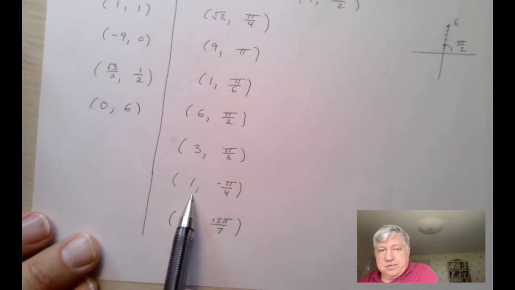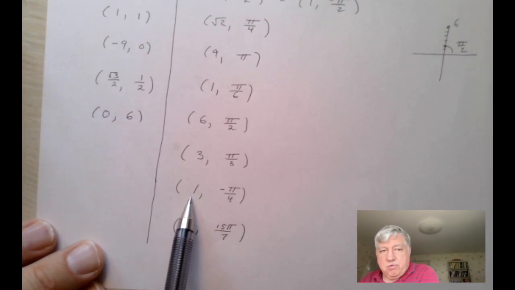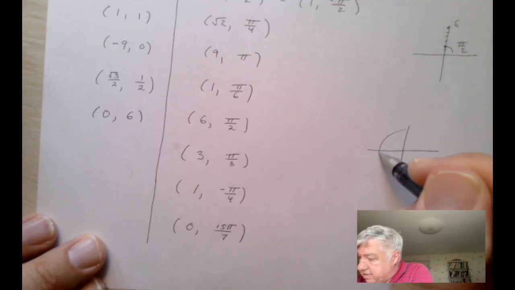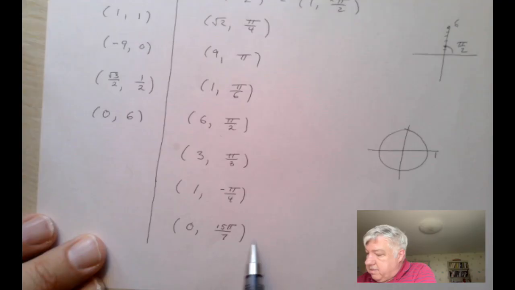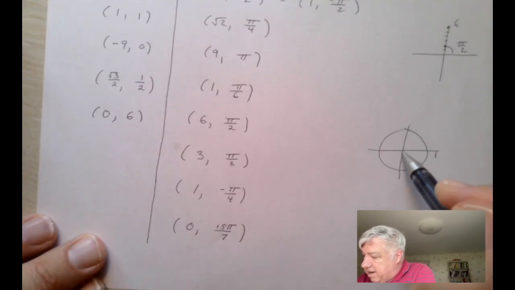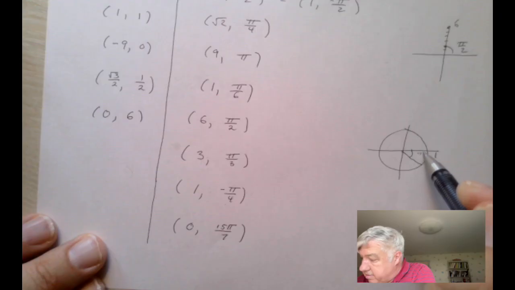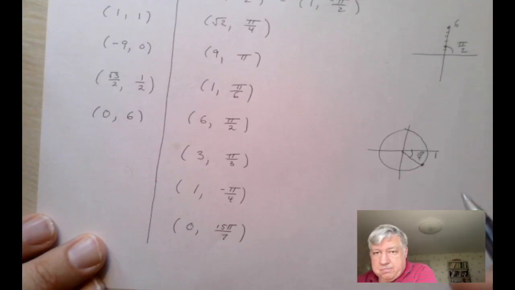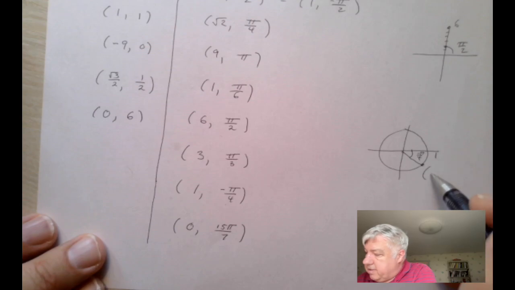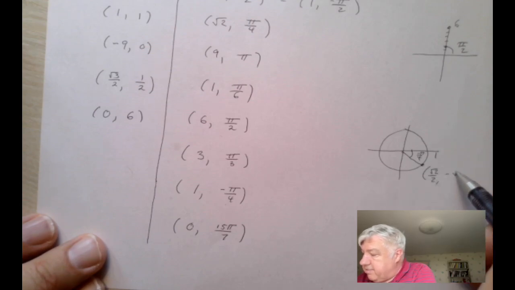Once again, when r equals 1, that means we're on the unit circle, and the angle negative pi over 4 gives us a point here, and we know that that point is positive root 2 over 2, negative root 2 over 2.